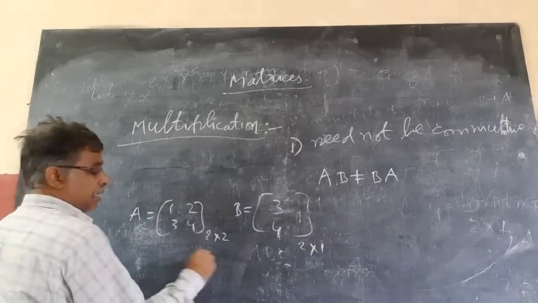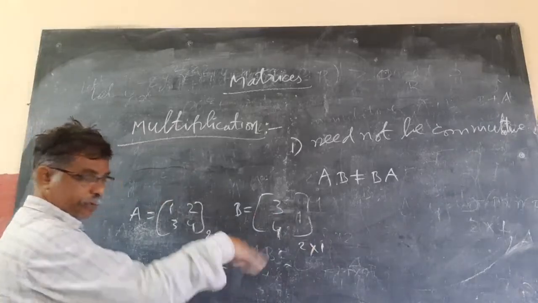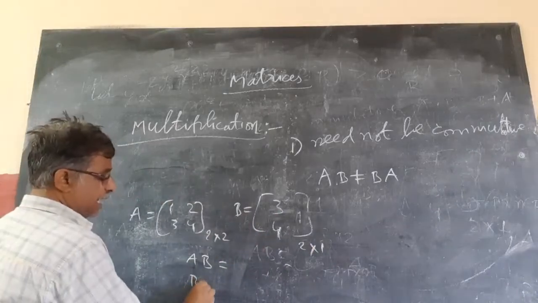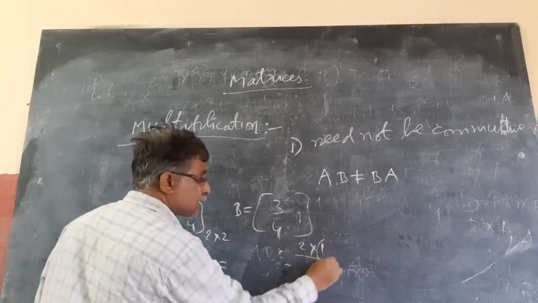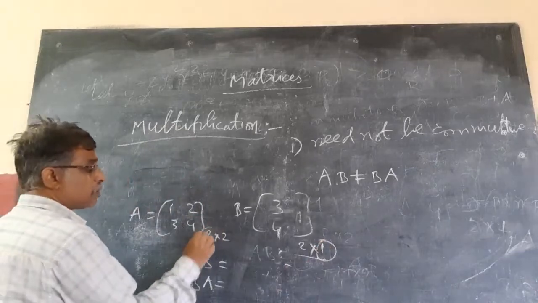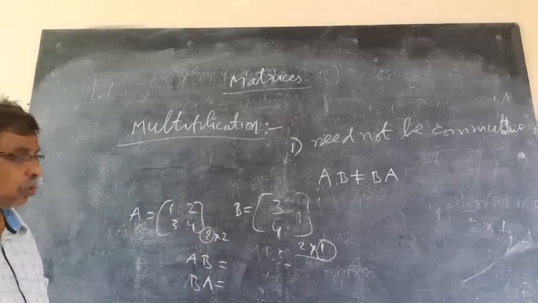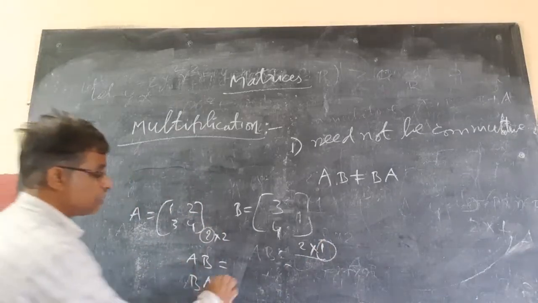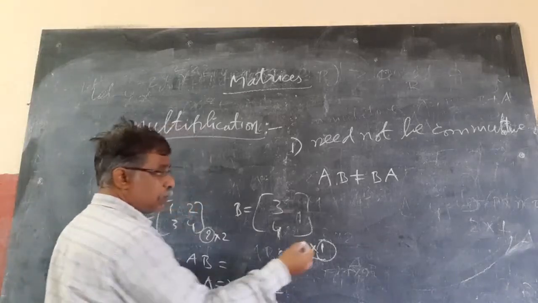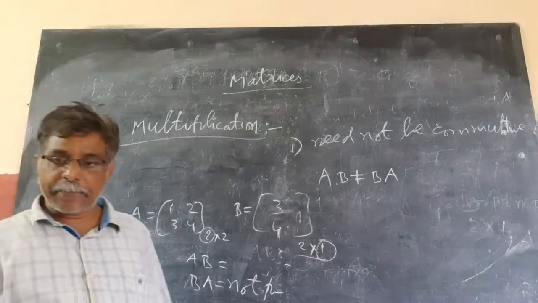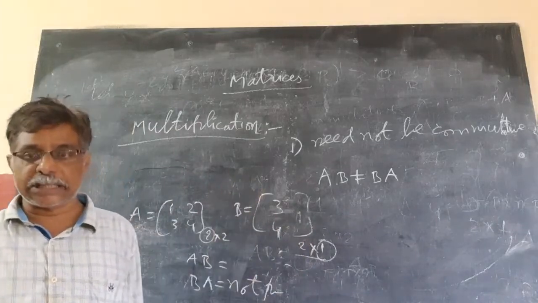AB is possible, and we already did it. What about BA? Here the first matrix has 1 column, but the second matrix has 2 rows, not equal. So BA is not possible. AB possible, BA itself not possible. How can we say both are equal? So they may be equal or may not be equal in some cases.